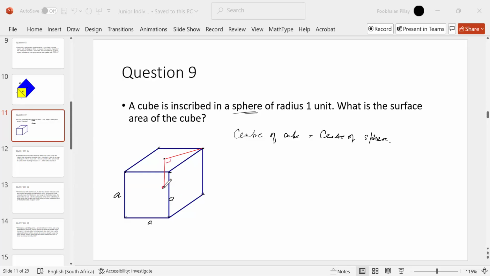And the radius of the sphere is the distance from the center of the sphere to any point on the surface of the sphere. So this is the center of the sphere. Let's call it C, center. And to any point on the surface of the sphere, I told you earlier, there are 8 points on the surface of the sphere.